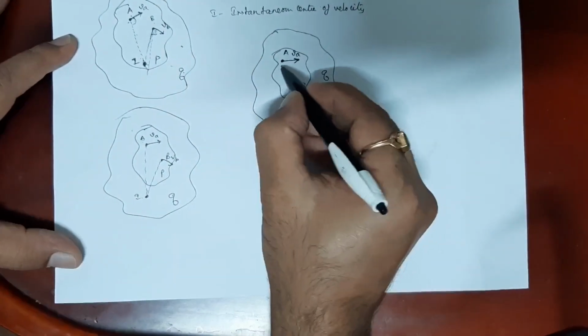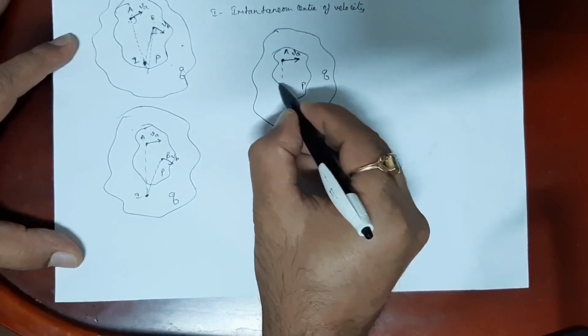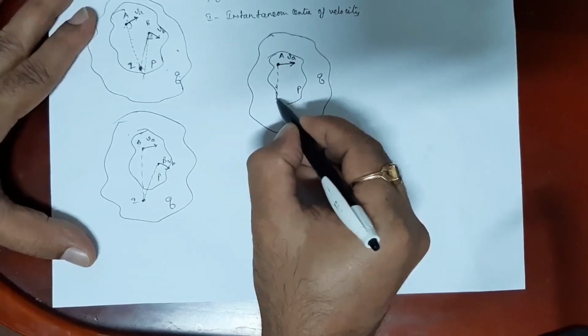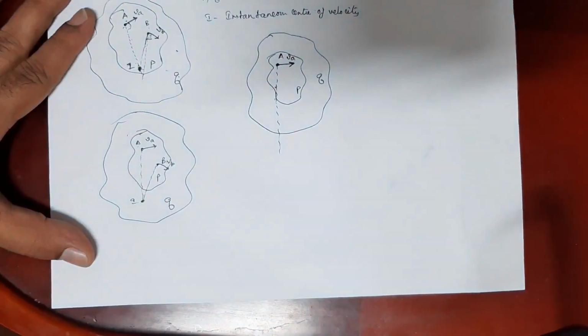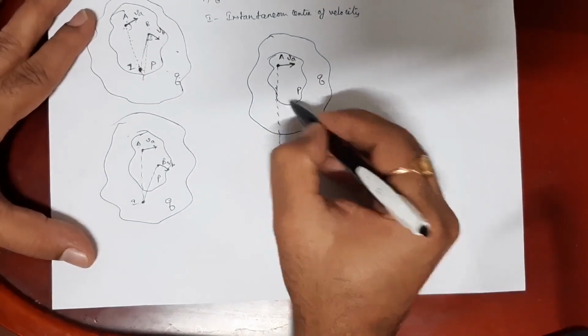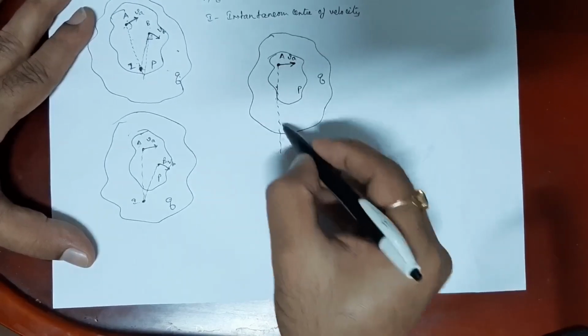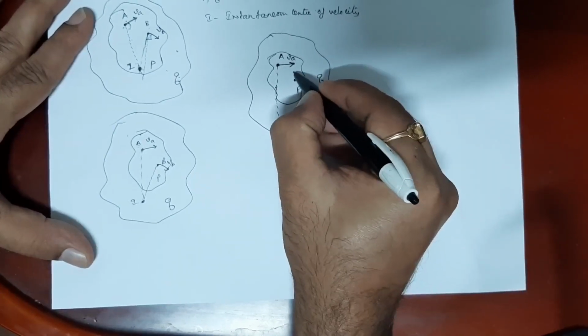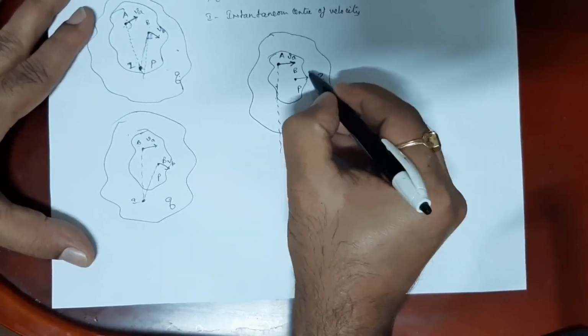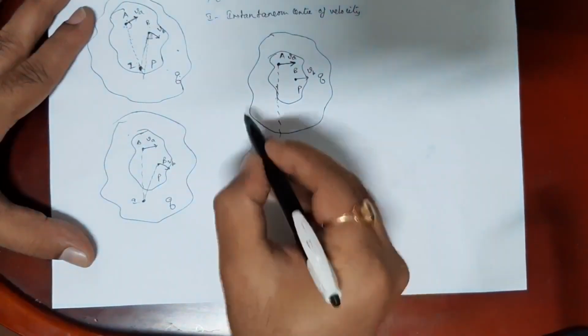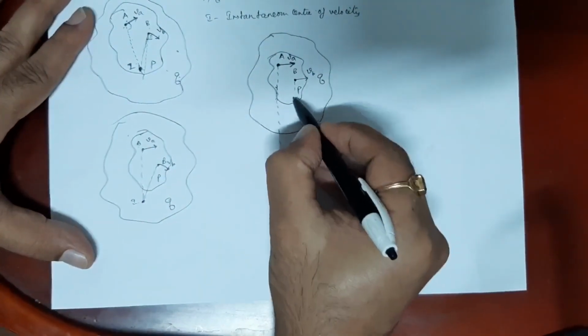If you draw a perpendicular line, the body can rotate about any point on this line. If you take point B here, the velocity of point B is also in the horizontal direction, so this is its perpendicular line.